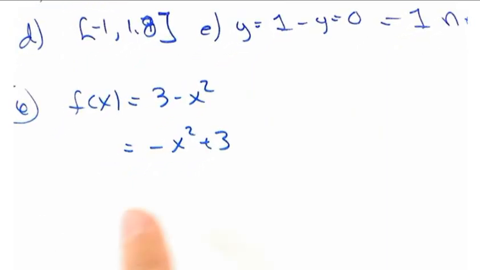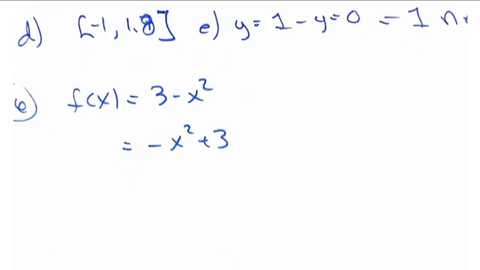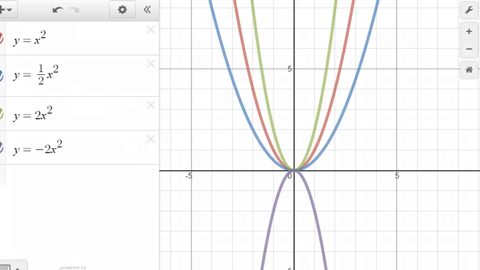So what's this graph going to look like compared to what we're familiar with? Y equals x squared. It's going to be flipped down, so it's going to open down, and it's been shifted a little bit, right? Shifted which way? Up 3. All right, so shifted up 3. Let's take a look at that graph here real quick.